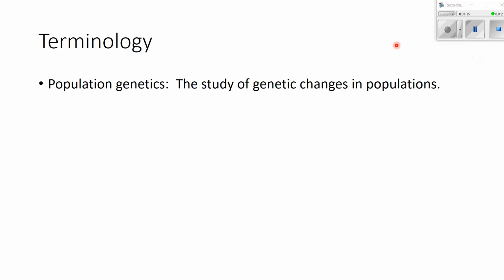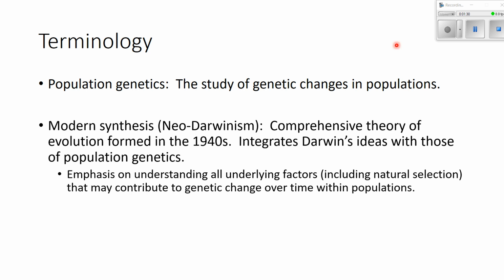Okay, so some terminology. It's always good to start out with some terms that you need to know. So population genetics, I mentioned that term before. It's the study of genetic changes in populations. And the concept of population genetics is one of many ideas that has become known as the modern synthesis.